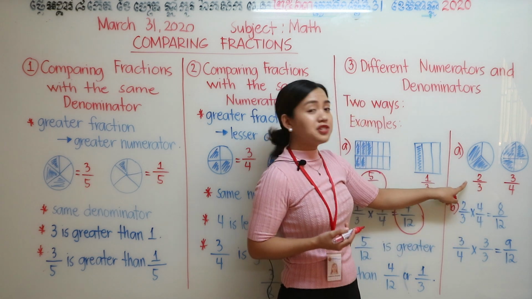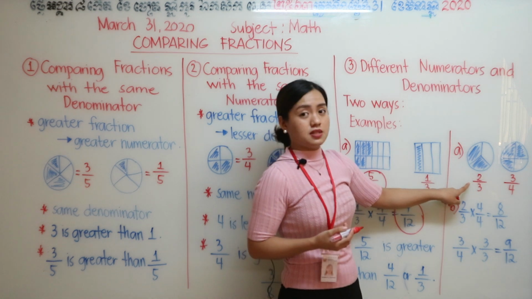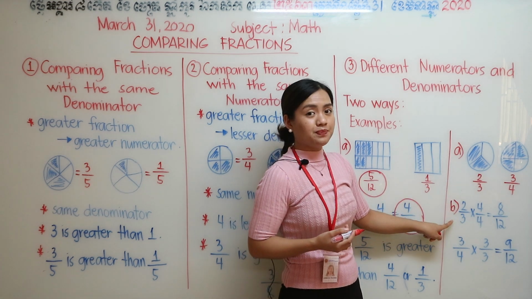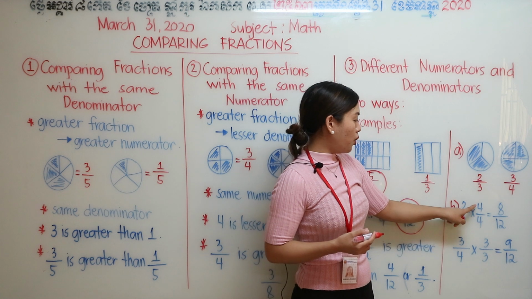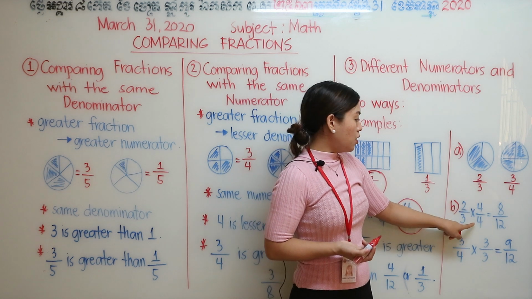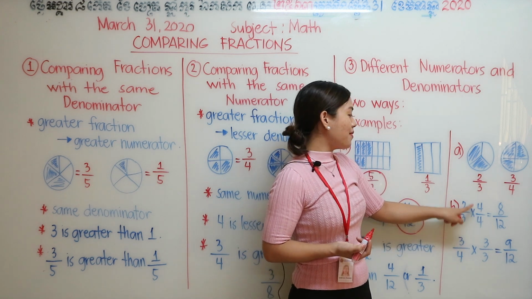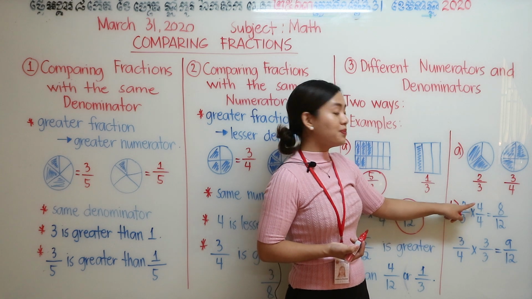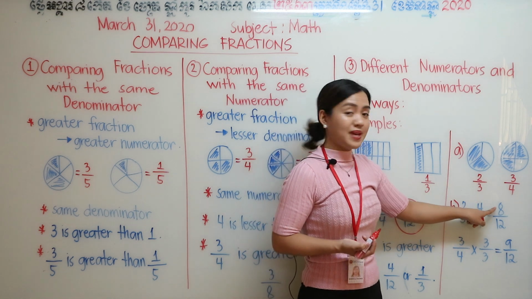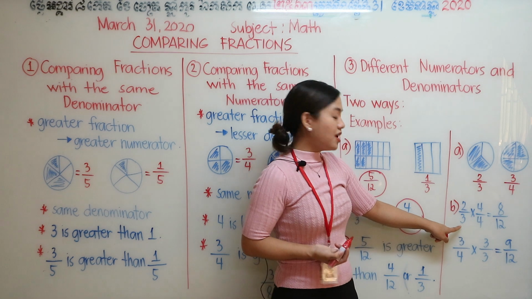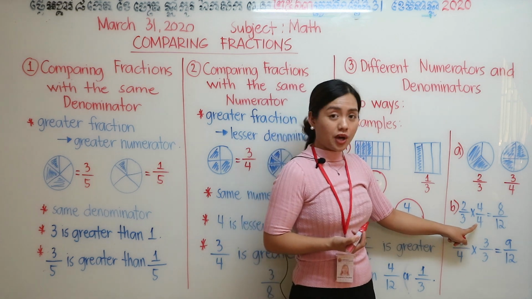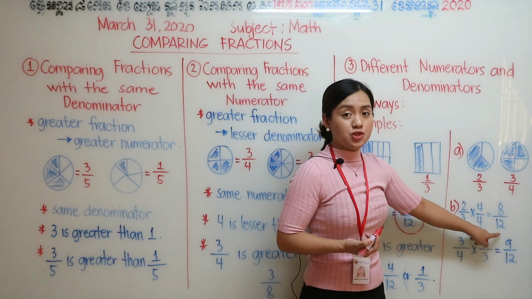So let's try to focus on this. So 2/3. Now I chose 4, 4/4. So if I multiply 2 by 4, the answer will be 8. And 3 multiplied by 4, the answer will be 12.